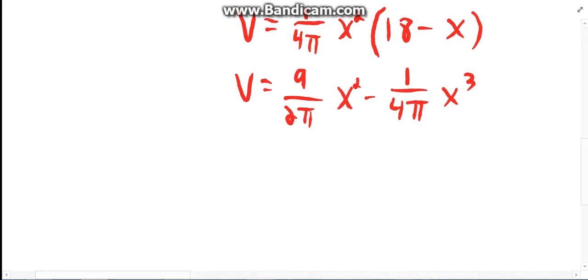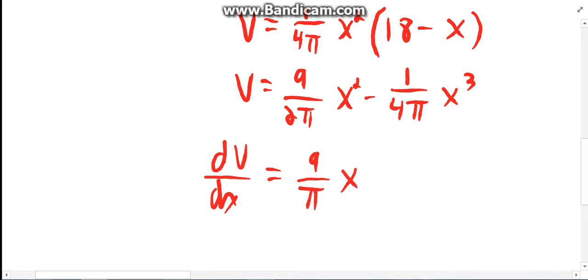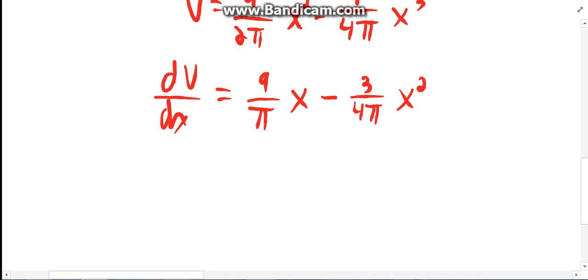So we got these pi's, you might not like them, but the derivative is going to be easy. dV/dx is going to be 9 over pi x minus 3 over 4 pi x squared. Now I want to know where that's 0, so what can I do here? Even though we have these ugly fractions, this is not a difficult equation to solve. What can I factor out of there, Anthony? We can factor out a 3 over pi.